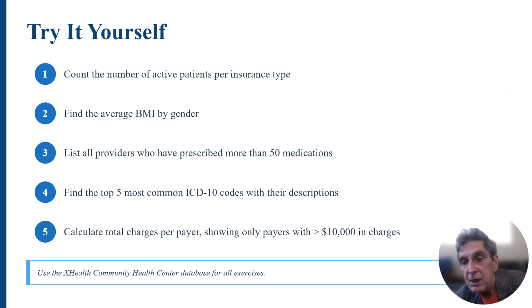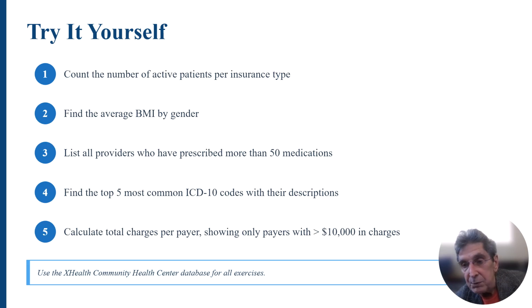Number 3: providers with more than 50 medications requires a join between the medications and providers, with a GROUP BY and a HAVING clause. Number 4: what are the top 5 ICD-10 codes? It's going to use a GROUP BY on the ICD-10 code with an ORDER BY count descending and a LIMIT of 5.